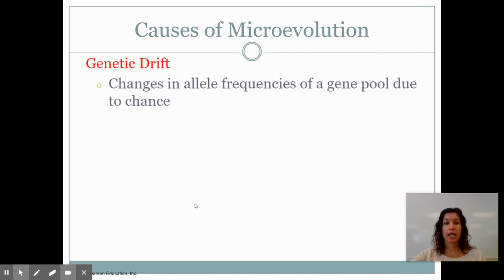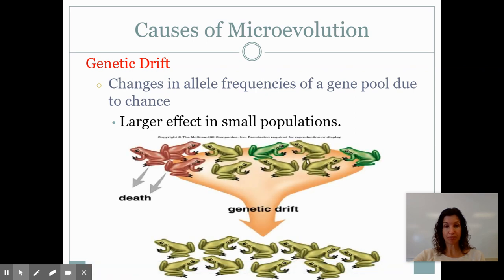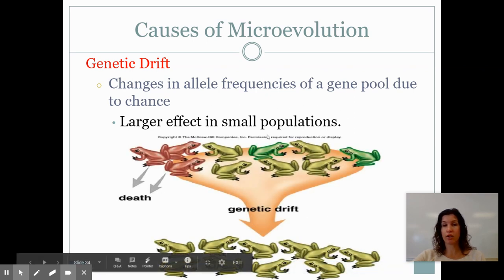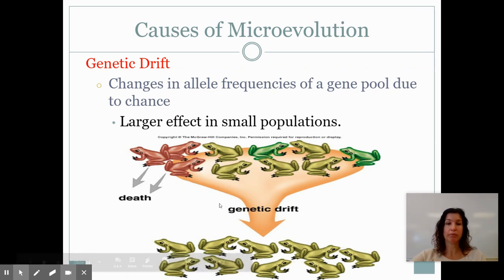All right. Genetic drift. So genetic drift is completely due to chance. I think of this as if you're stranded at sea, on a raft, just drifting, right? Where you go is just due to chance. So this is changes in allele frequencies of a gene pool due to chance. This has a larger effect in a small population. So let's say I have this population of frogs living in my little window well to my basement. It rains a ton, and these frogs are able to climb up on a little ledge.